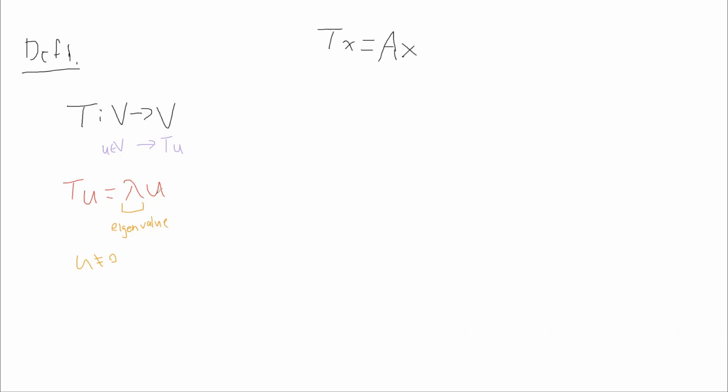Now, from earlier, we know if we perform the operator, it's the same thing as taking some scalar or eigenvalue multiplied by the same vector. So here, we can also say that Ax is equal to lambda times x, where A is a matrix and lambda is a scalar.